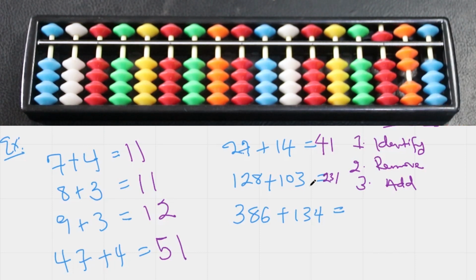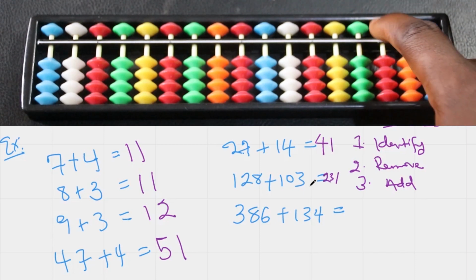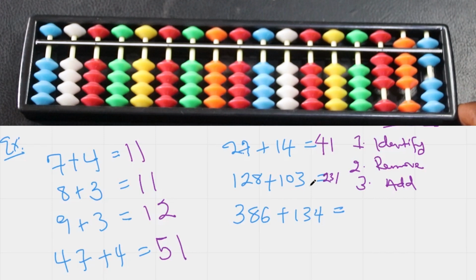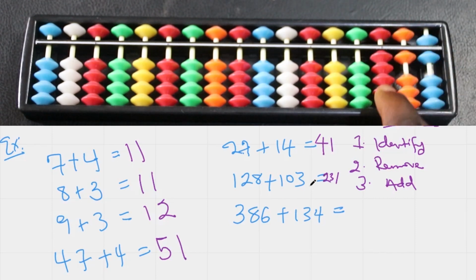Let me do that again so that it's clear to everybody. 386 plus 134. Add 1 here. You want to add 3 here, but you don't have 3. So you ask yourself, what's the 10 component of 3? That's 7. So remove 7, add 10 to this one, but you don't have 10. You have 4.